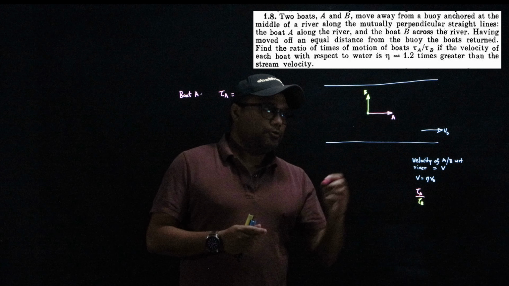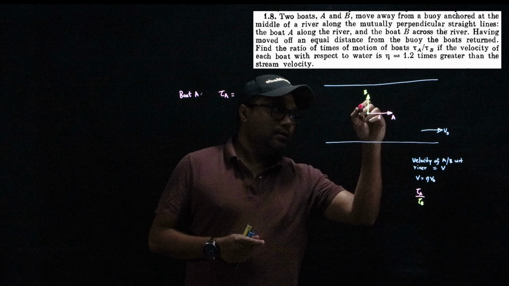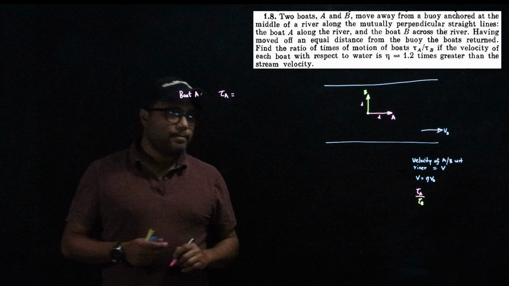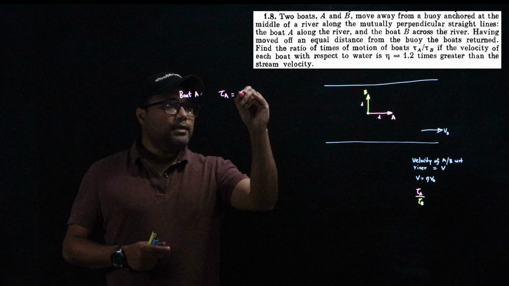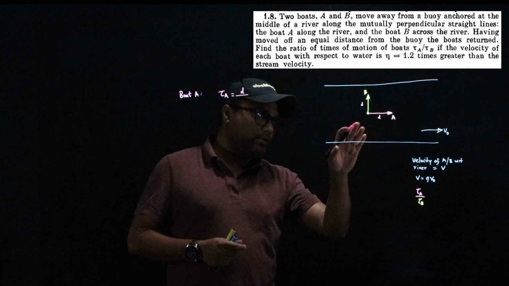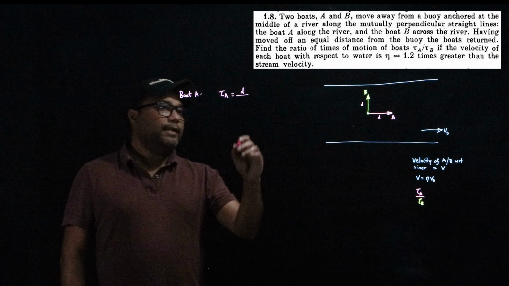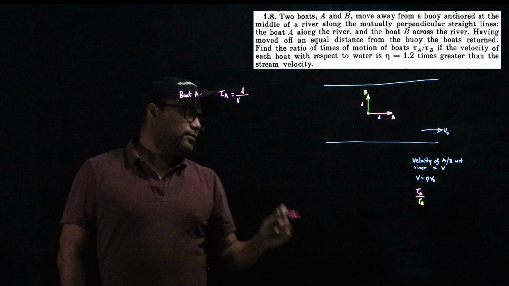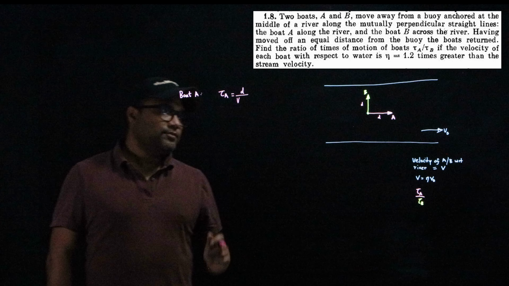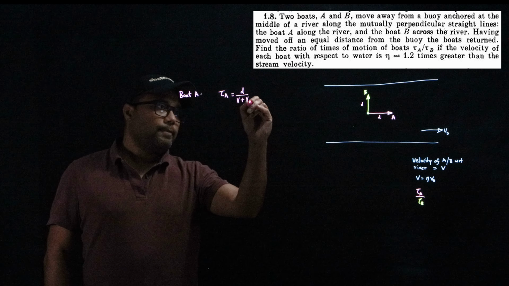If we assume the equal distance that each is going is d, then this will be d divided by, during the motion in the direction of the flow of the river, the relative velocity, which is v, A's velocity, plus v0.